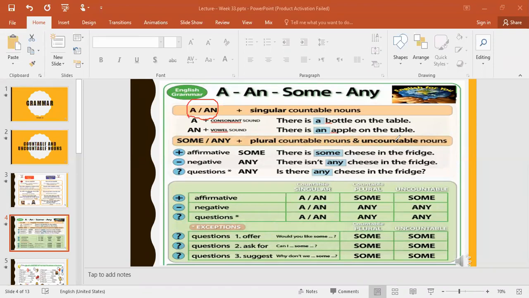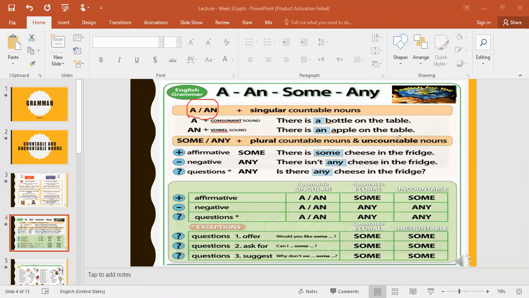A is used for the nouns that start with a consonant letter, like a bottle. There is a bottle of water on the table. An is used for the nouns that start with a vowel letter, like an apple.